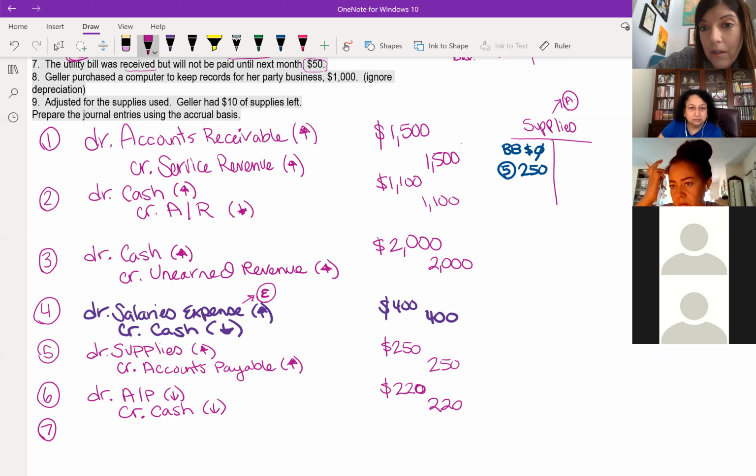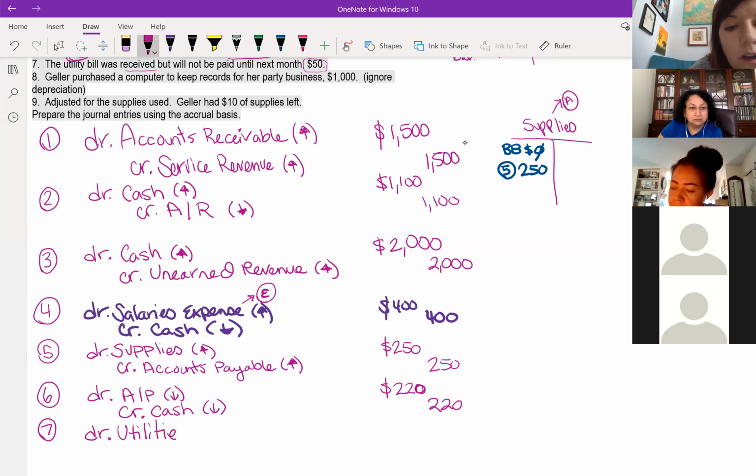It's an expense, but we're not going to pay it right now. It's a utility expense and accounts payable. Correct. So it's utility expense. We've incurred the expense, so we need to recognize that expense in the month that we use the utilities. So we're going to debit utilities expense.